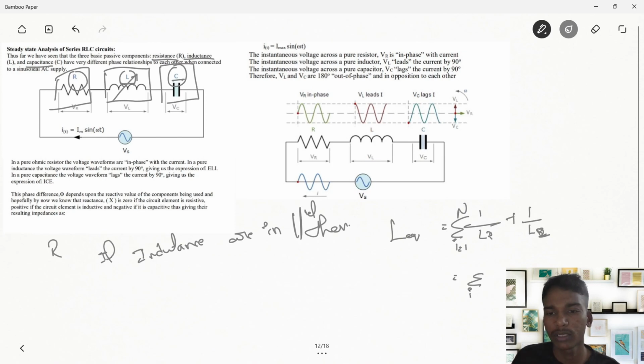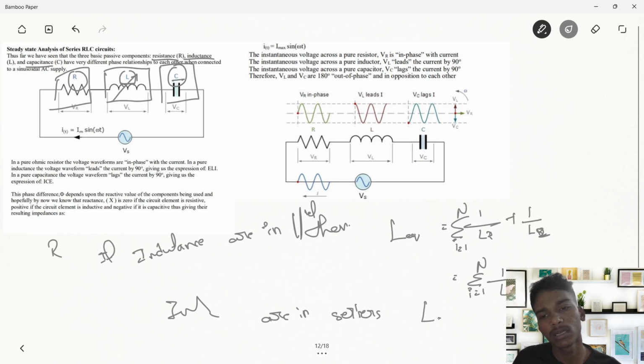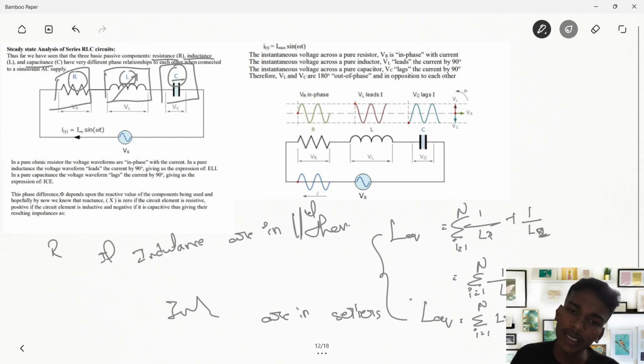And if the inductances are in series, then L equivalent equals the summation of Li, i equal to 1 to n. Just like how we find R effective, R equivalent, in the same way we are going to find L effective.